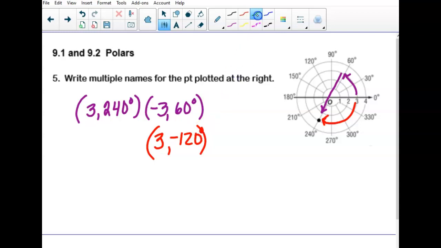All right, and then finally, what if we had gone all the way around to here negative? What would that be? -300, and then we would have had to do what to end up over here? Yep, back up 3. So there's a negative.